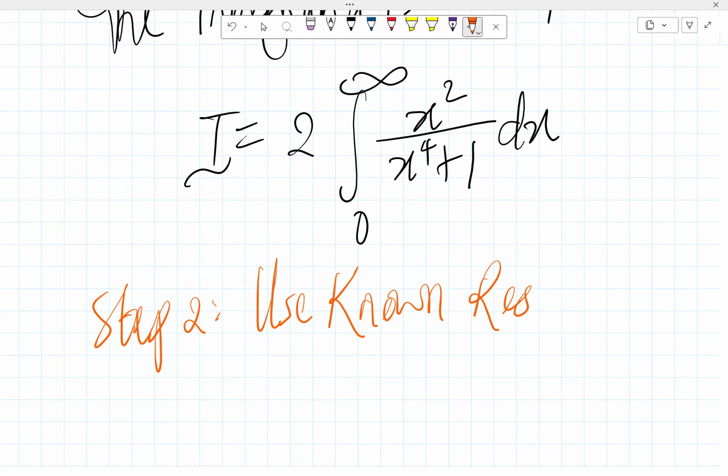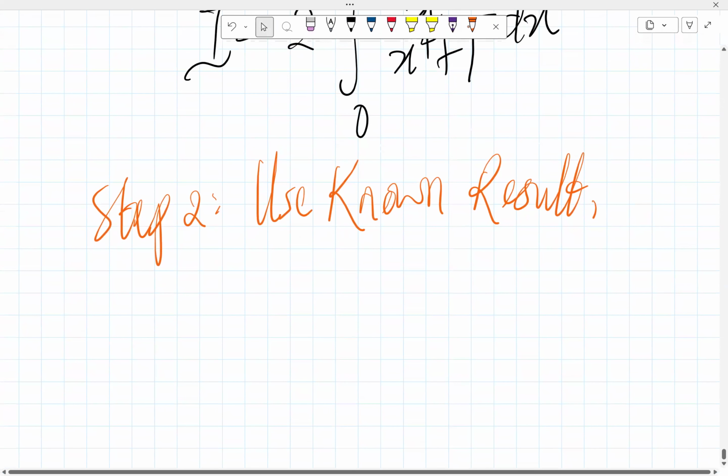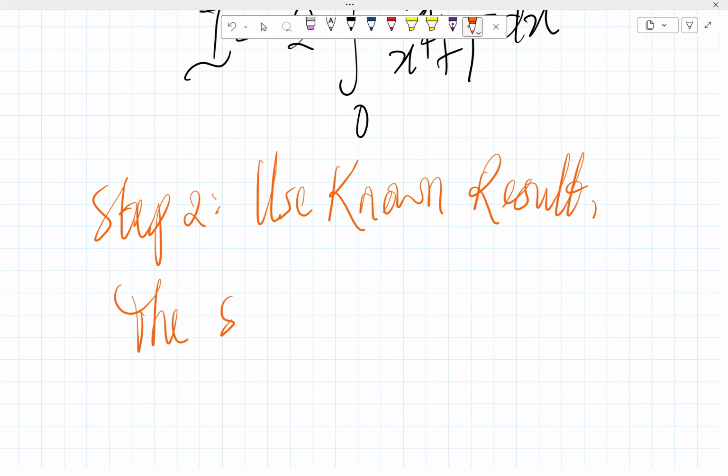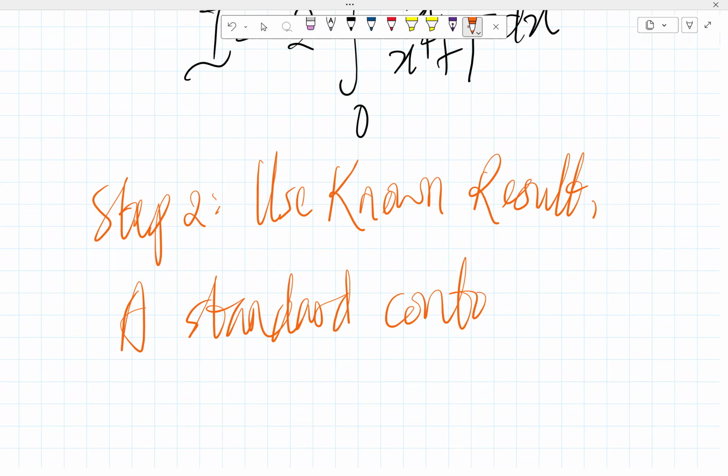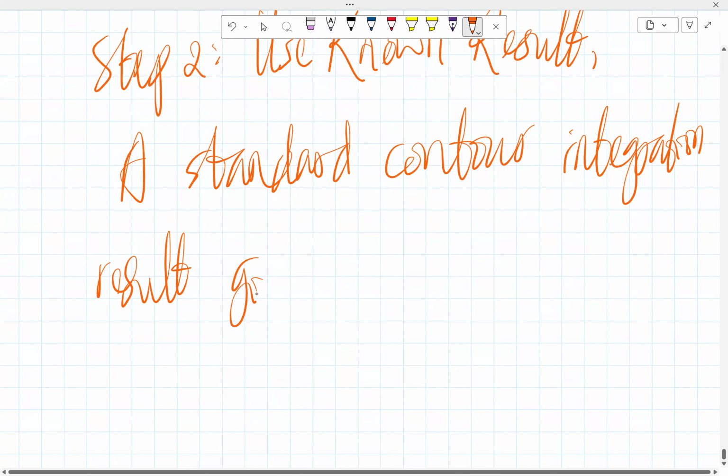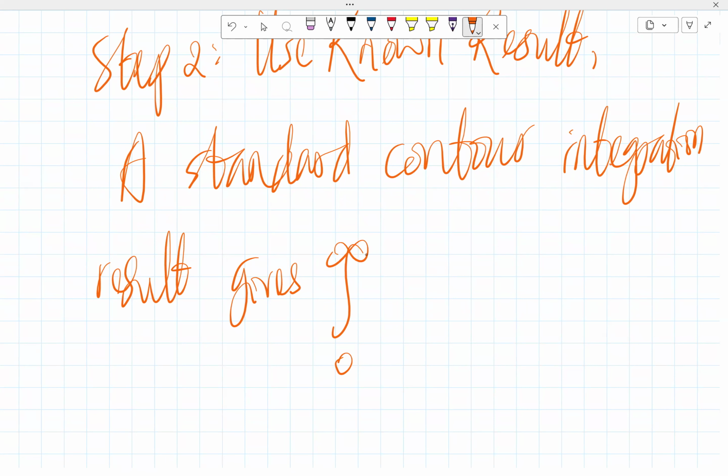The known result is that a standard contour integration result gives the integral from 0 to infinity of x squared over x raised to the power 4 plus 1 dx.